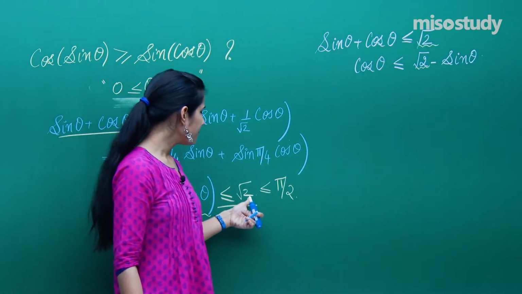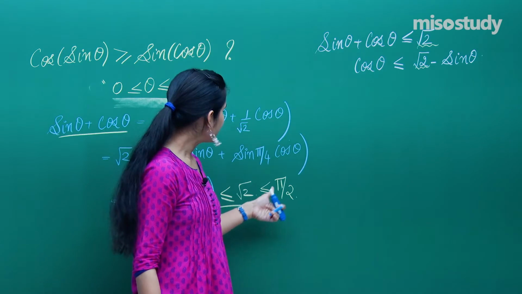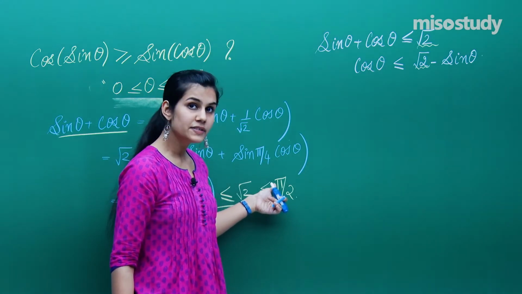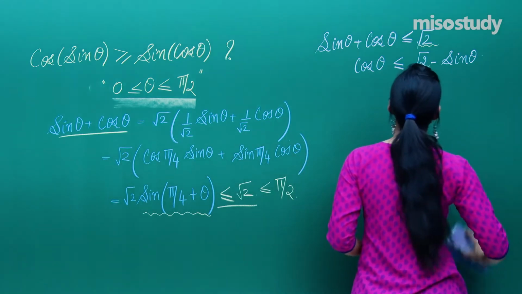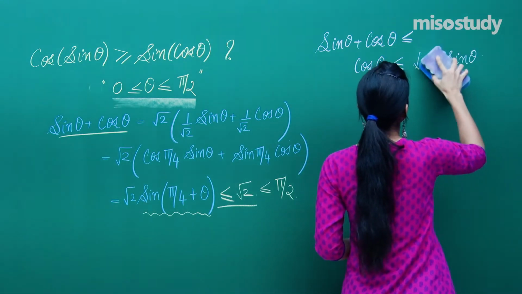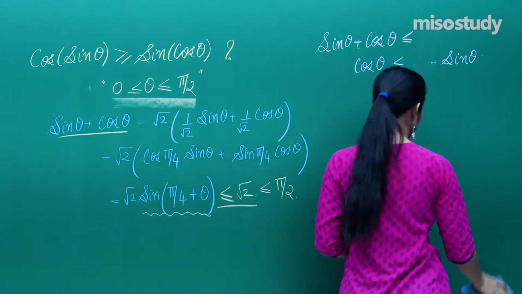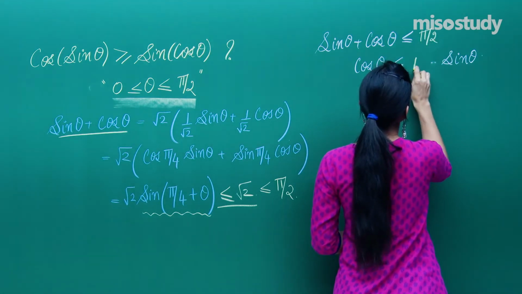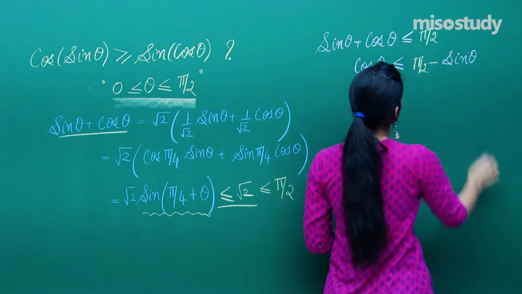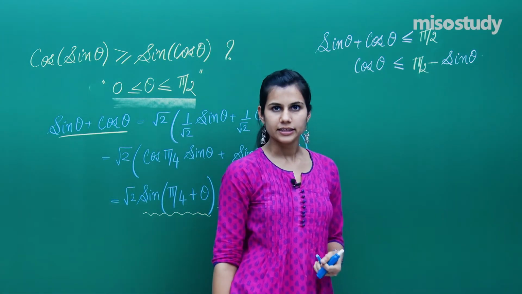Definitely, this is 1.414, whereas this is 1.57, right? And therefore, rather than root 2, I can convert it into pi by 2. And so this gives me pi by 2 minus sine theta.